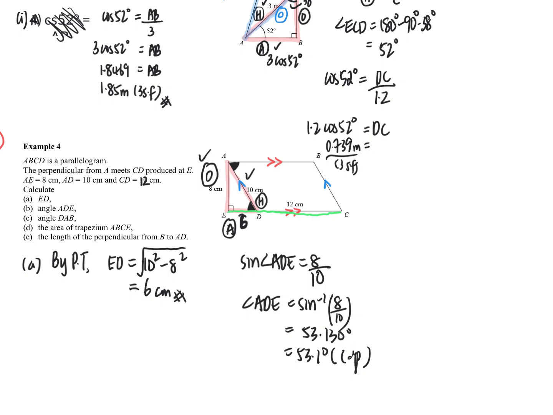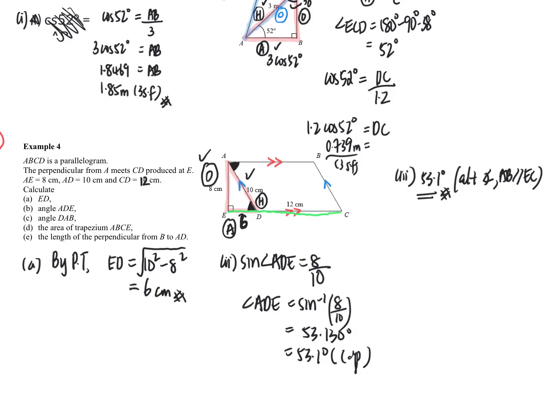So can you see alternate angles? So actually, you can straight away tell me that part 3 is also 53.1 degree. Alternate angles, AB parallel to EC. That's it. Okay, so they are the same angle.